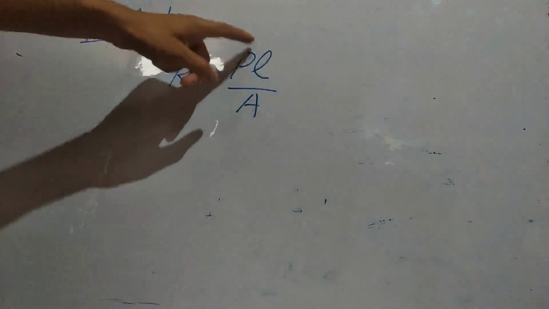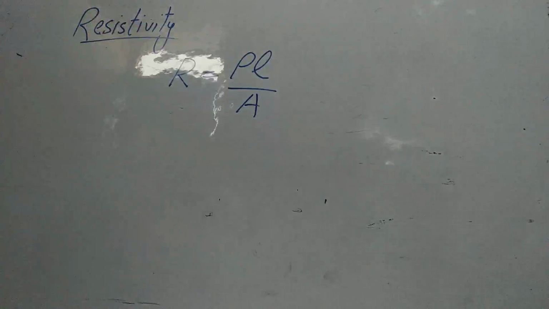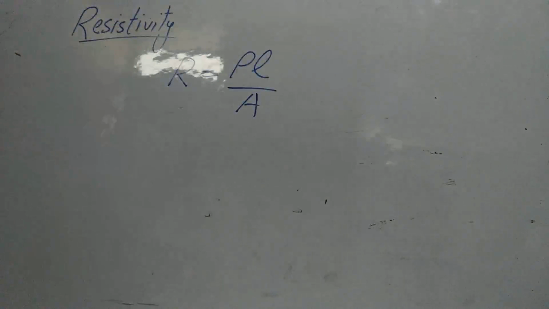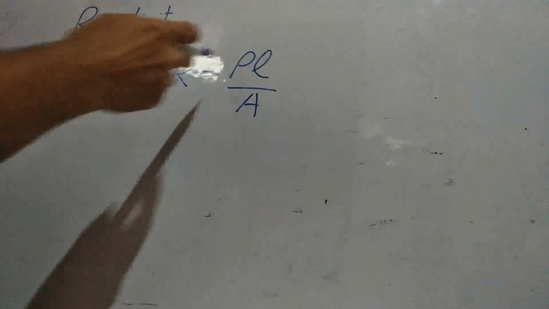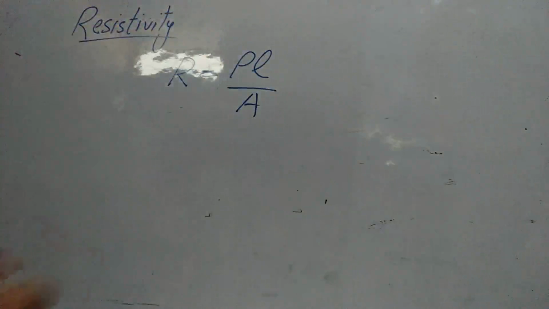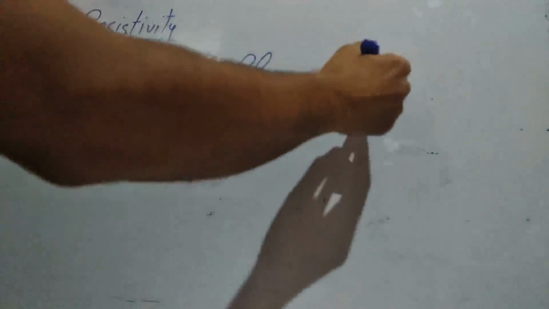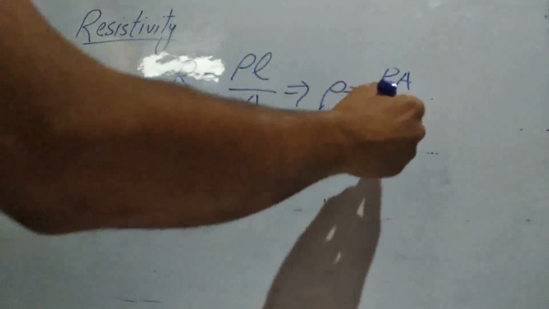This is the Greek letter rho, which is electrical resistivity, and it depends upon the nature of the material. Therefore, I can calculate electrical resistivity, which implies that rho is equal to RA divided by L.